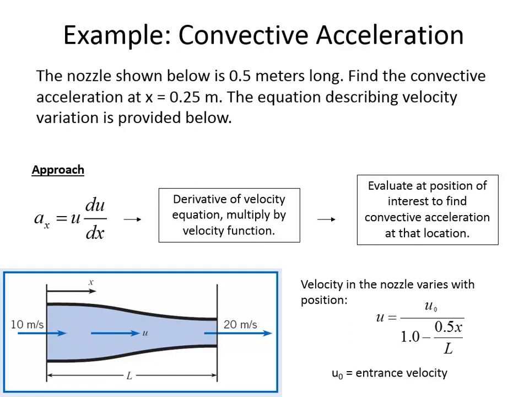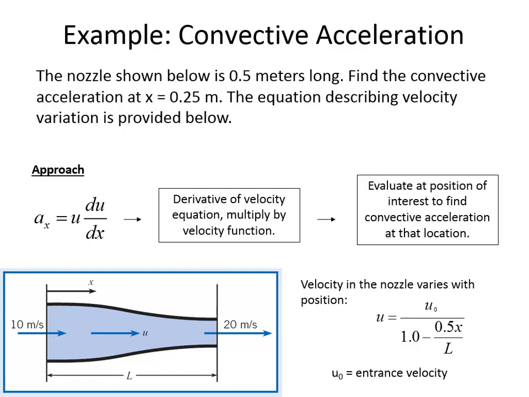So you can see how if the entrance velocity is 10, the exit velocity will be 20 meters per second when x is equal to L. And when x is equal to 0, meaning at the entrance, it'll just be the entrance velocity divided by 1. In between, this tells us how the velocity changes as a function of position.